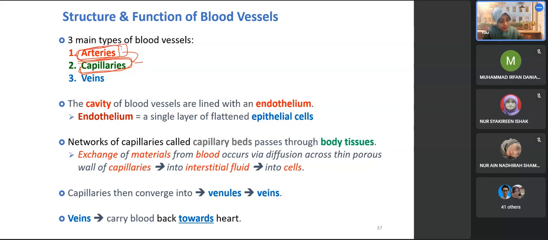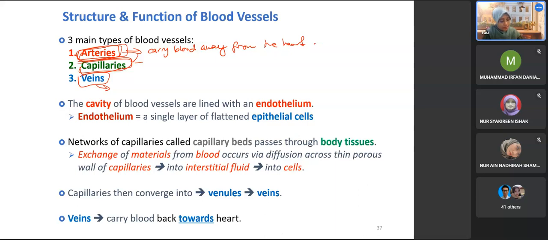So the wall of the arteries will be much thicker compared to the vein. The vein will carry blood towards the heart. Basically, artery is the blood vessel that carries blood away from the heart.